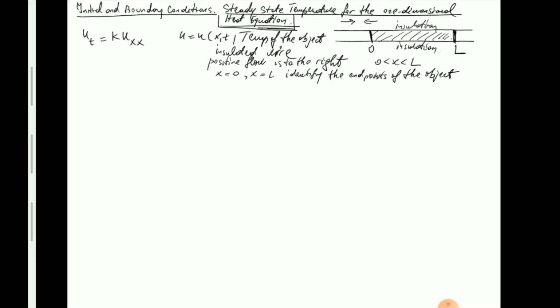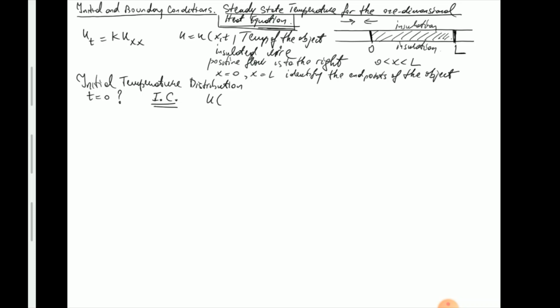In these problems, we always have an initial temperature distribution. So what is the initial temperature, which is to say at time t equals 0? Well, because the temperature depends on the location of the object, then an initial condition or an initial temperature distribution for the heat equation will be in the form of a function.